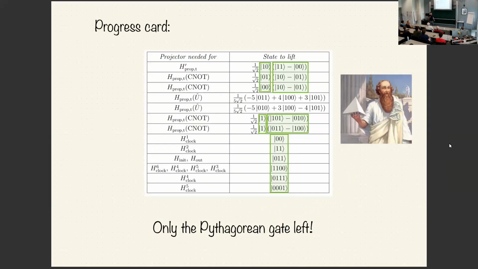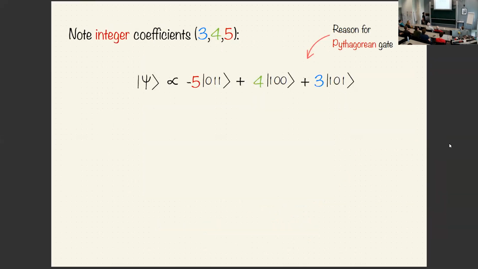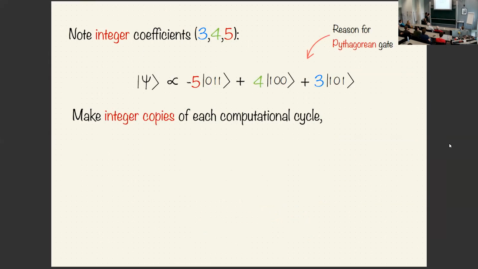So here's where you see why the 5, 4, 3 are important, okay? Because we don't know how to add cycles with square roots of 2 or with i's. I don't know how to do it. But with integers, I can do it. I just go 5 times around. So, okay, as I said, these integers are important.